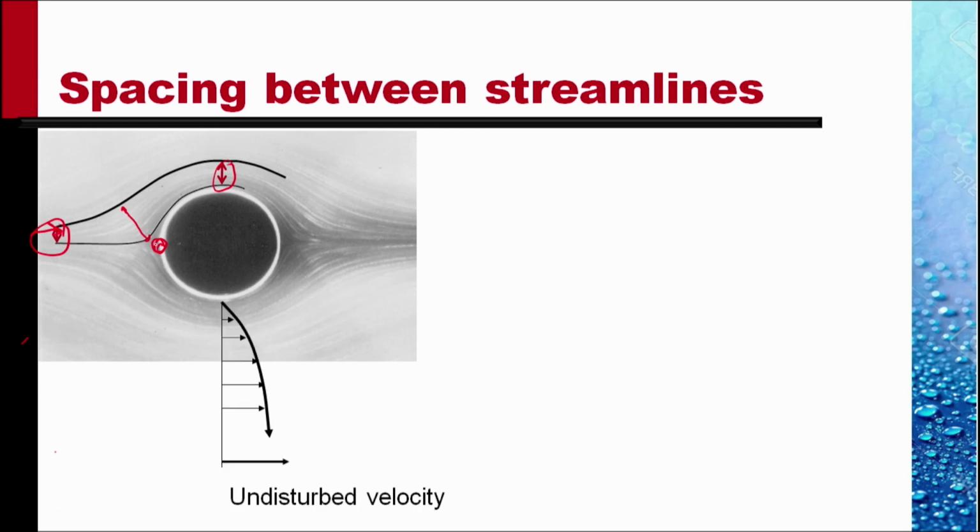If we draw the velocity profile at the shoulder, this is the velocity profile. Notice that even a substantial distance away from the surface, the velocity of flow is still less than the undisturbed velocity out here. We will talk about this later.